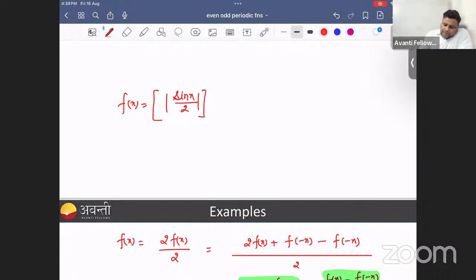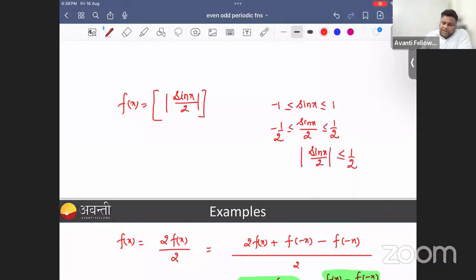See, we all are aware that sin x lies between -1 and 1. That means sin x upon 2 lies between -1/2 and 1/2. That means |sin x upon 2| is less than or equal to 1/2 and definitely more than or equal to 0.